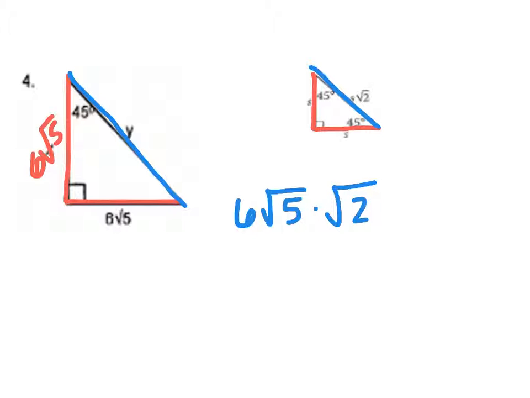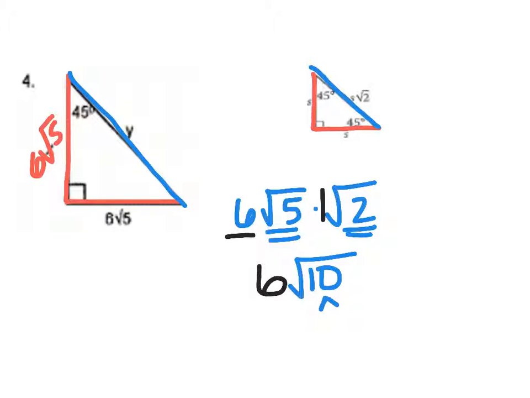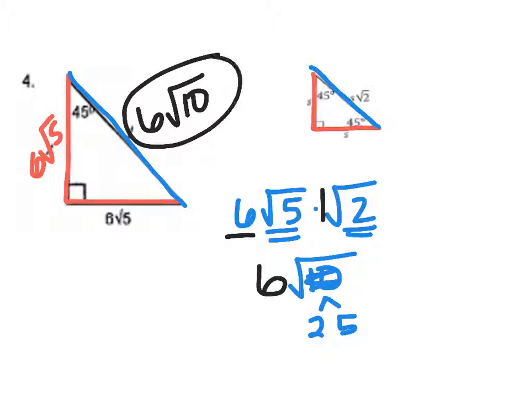So again, when you multiply square roots together, you multiply your coefficients. 6 times 1 is 6. And you multiply your square roots together. Square root 5 times square root 2 is square root 10. Then you factor tree. 10 breaks down to 2 and 5. And that's it. 2 is prime, 5 is prime, nothing gets circled. So the answer for the hypotenuse is 6 stays on the outside, 2 and 5 stay on the inside. So it's just 6 square root 10.